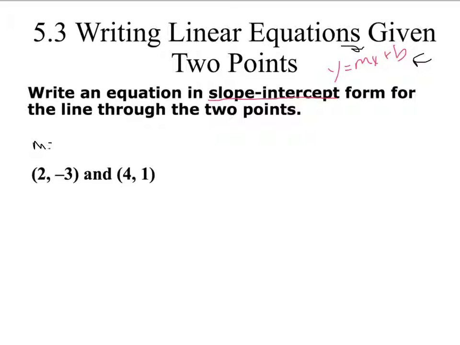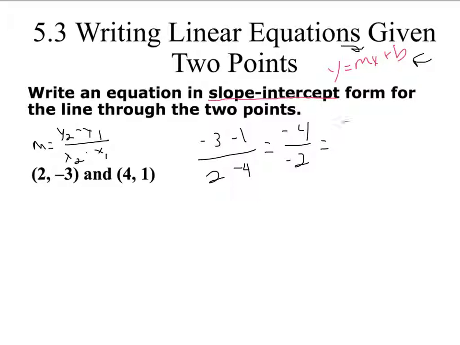It's m is equal to y2 minus y1 over x2 minus x1. So I'm going to plug in negative 3 minus 1 all over 2 minus 1. Sorry, 2 minus 4. When we solve here, I now have negative 4 over a negative 2, and I can simplify this to a positive 2 over 1, or just a positive 2.